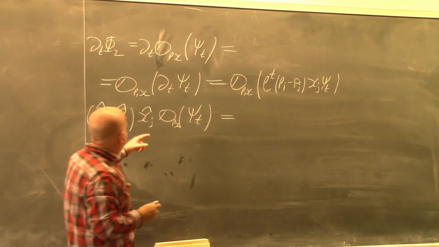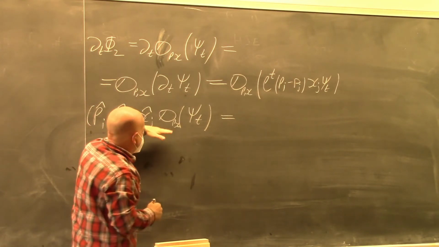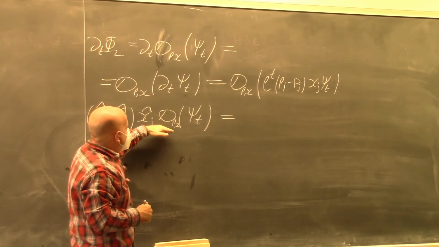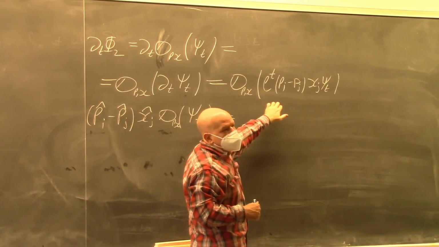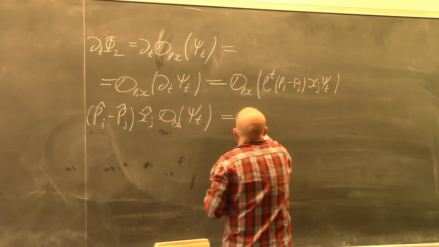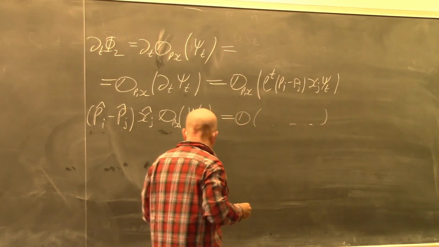So I want to write this. Okay, this is a product in the algebra. But I want to write it as something in the image of the ordering map. So I want to write it as O of something. Okay?